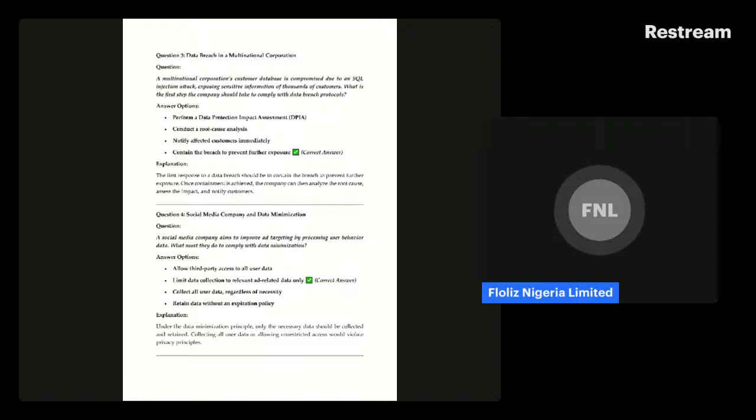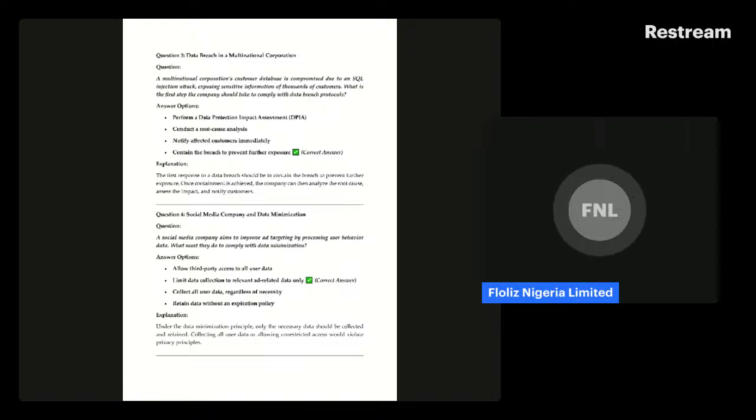The next question is, a social media company aims to improve ad targeting by processing user behavior data. What must they do to comply with data minimization? So, data minimization is one of the key principles. And what does minimization say? It says you should limit data collection to what is relevant.